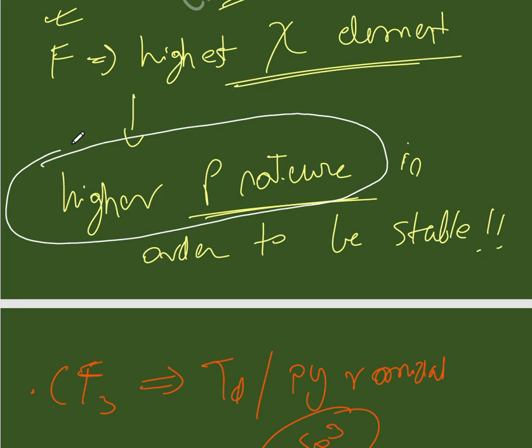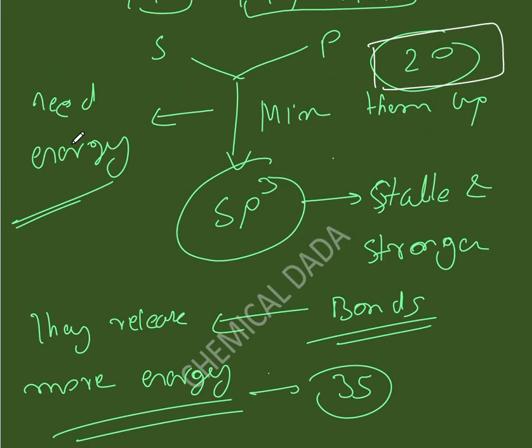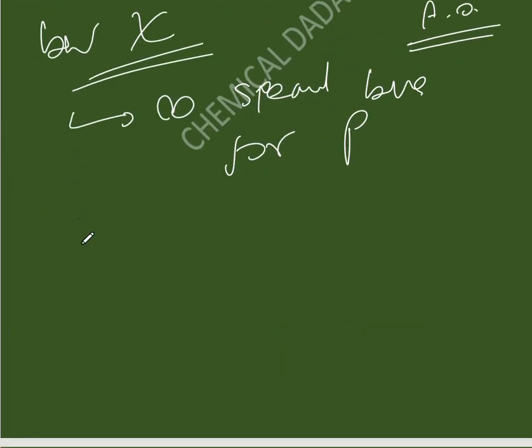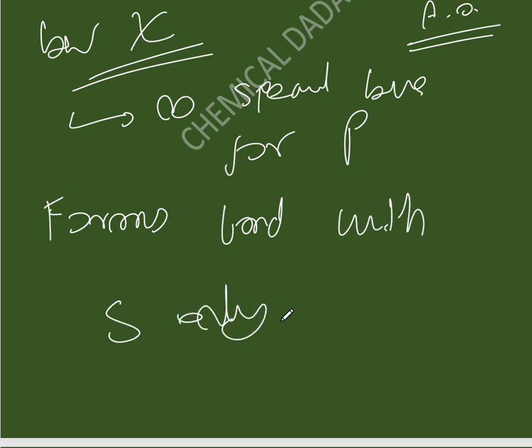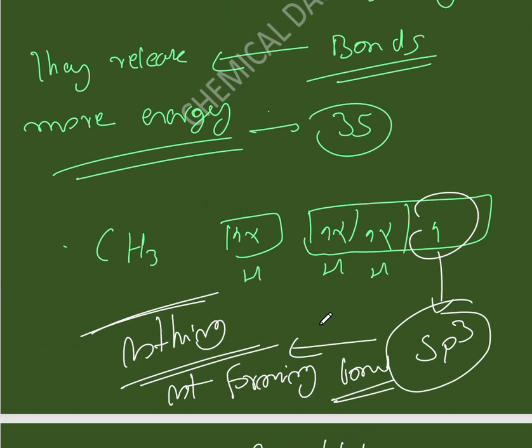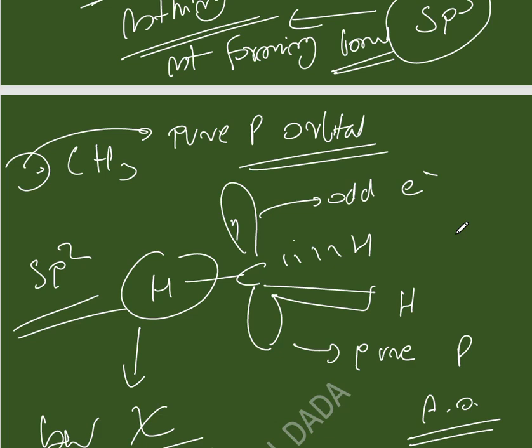However, hydrogen has no such special affection for the p orbital, and it does not mind forming a bond with the s orbital itself, with s only. So carbon does not spend any extra energy to keep the electron in an sp3 orbital, so it houses the odd electron in a pure p orbital, is saved from spending any extra energy, and it brings stability to the system.